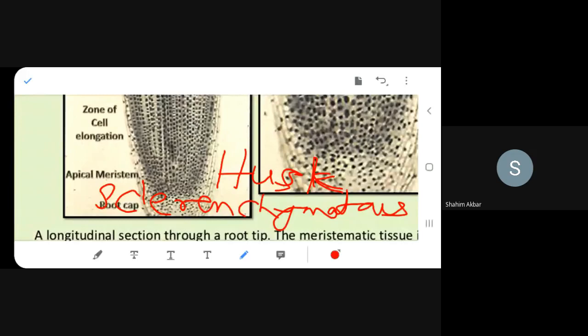This is the difference that I specified so many times when I was teaching you: parenchyma and collenchyma have cytoplasm, whereas sclerenchyma is devoid of cytoplasm. It has a thick cell wall, but it is without cytoplasm. So it is a dead tissue. Have you understood now?